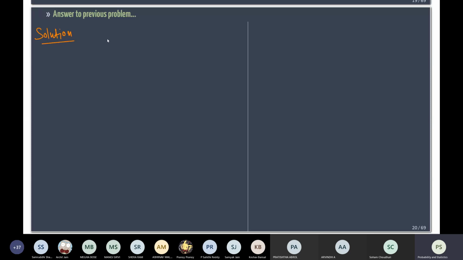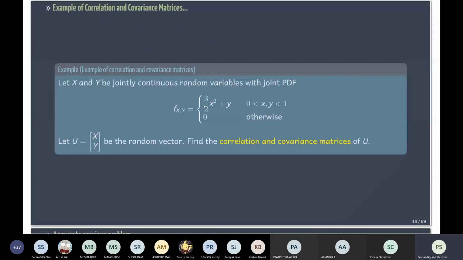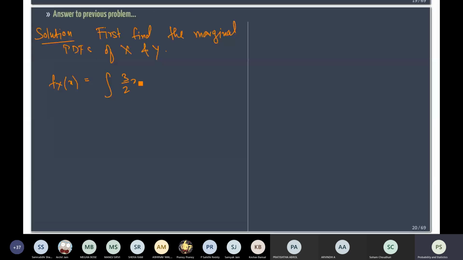The solution: we first find the marginal PDFs of x and y. So f_X(x), the marginal, we have to compute. The joint is given to us as 3/2 x squared plus y. For the marginal with respect to x, I integrate with respect to y, and the range of integration is 0 to 1.